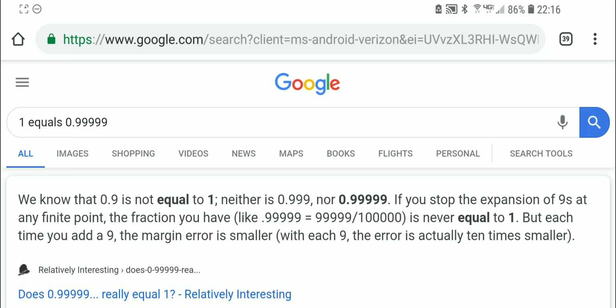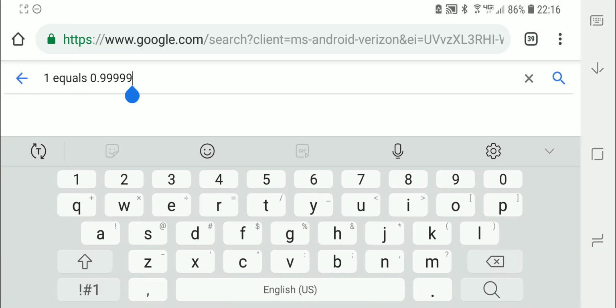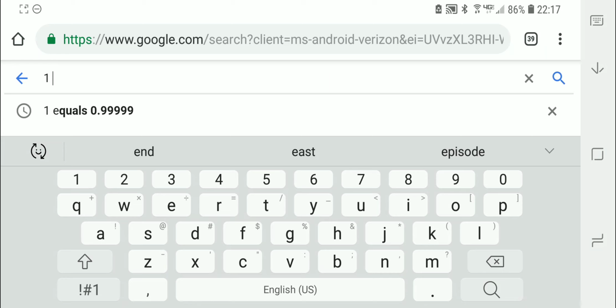First of all, the reason it's important is because there's something called decimal place values, something you probably want to look up to understand decimal numbers, because decimal numbers basically code for specific values, and so you can't have two different codes meaning the same value. That does not work.